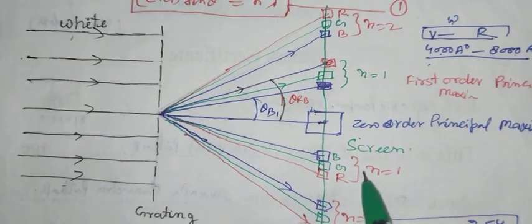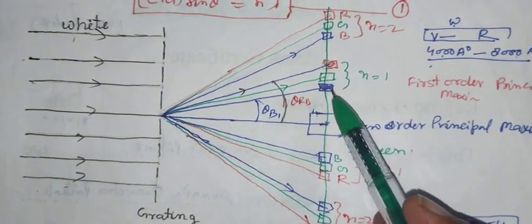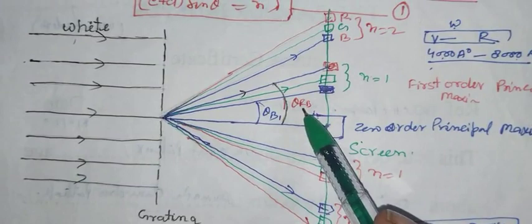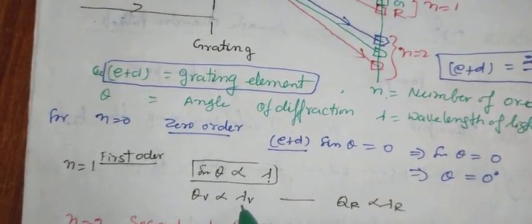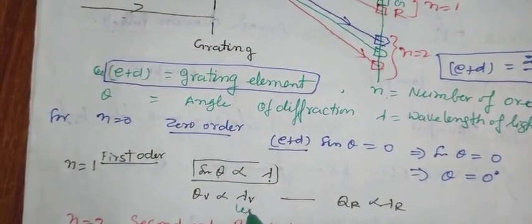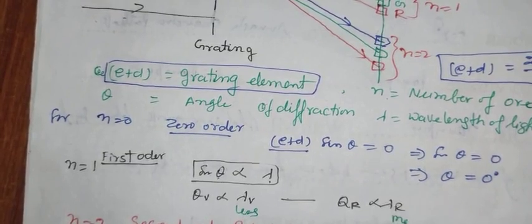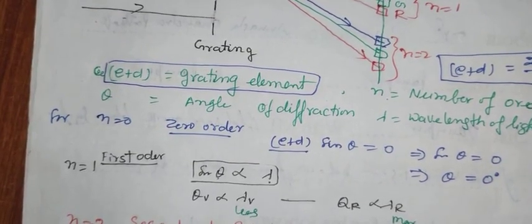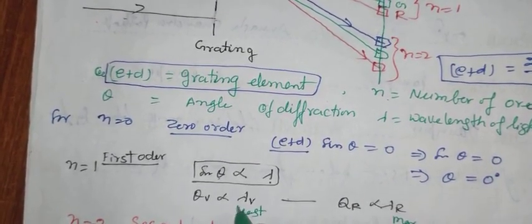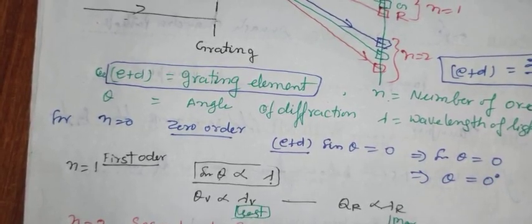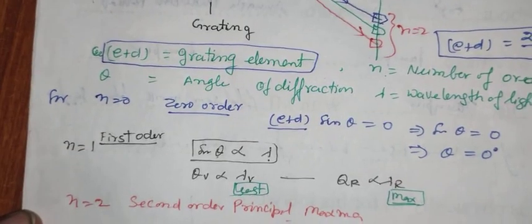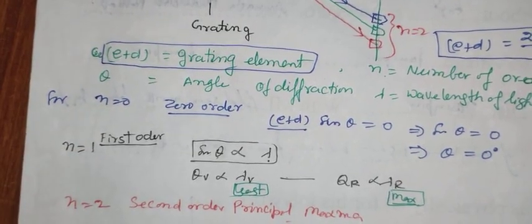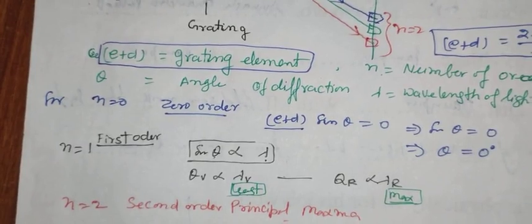Here in grating spectra, the violet color is diffracted least and the red color maximum. This is very important, least and maximum, and separated color bands are formed.